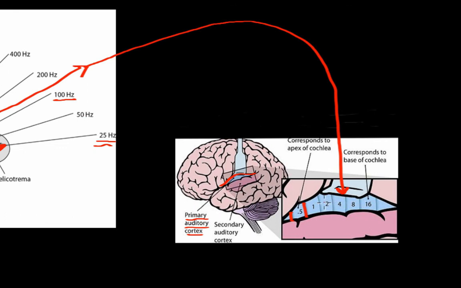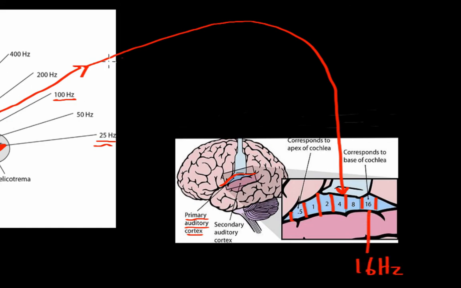This primary auditory cortex is also sensitive to sounds of various frequencies. So, for example, this would be a part of the cortex that receives information from hair cells that are sensitive to a frequency of 0.5 hertz, and this part of the auditory cortex receives information from hair cells that are sensitive to a frequency of 16 hertz.